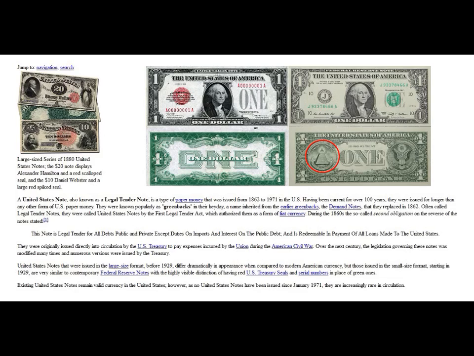But those issued in the small size format starting in 1929 are very similar to contemporary Federal Reserve notes, which is what we see in the center of the screen, with the highly visible distinction of having a red U.S. Treasury seal. We see those red serial numbers in place of green ones.